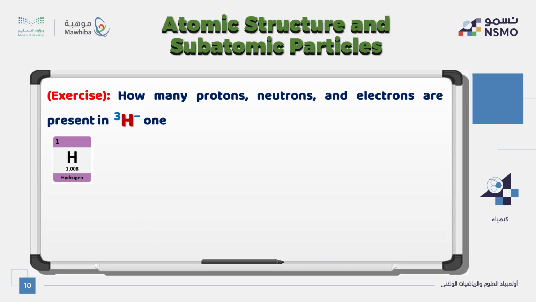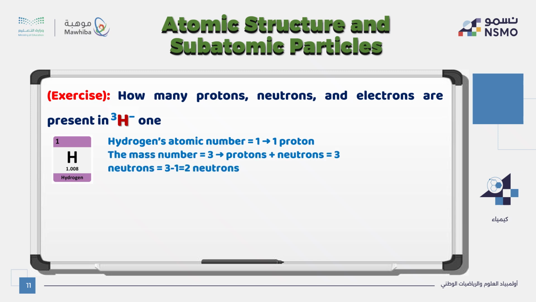First, the hydrogen atomic number is 1, so it has 1 proton. The mass number is 3, which means the number of protons and neutrons is 3. So the number of neutrons will be 3 minus 1 equals 2.